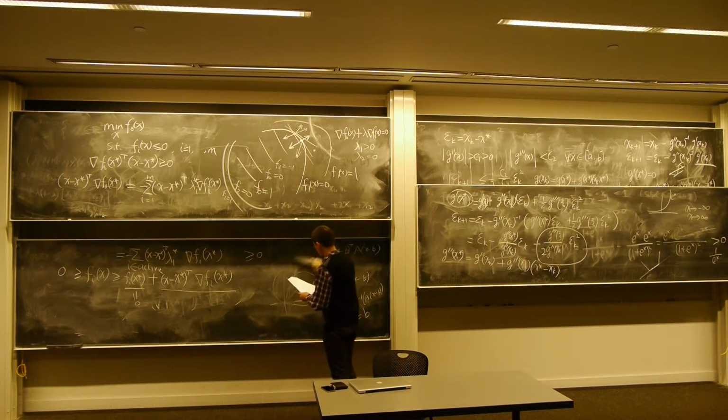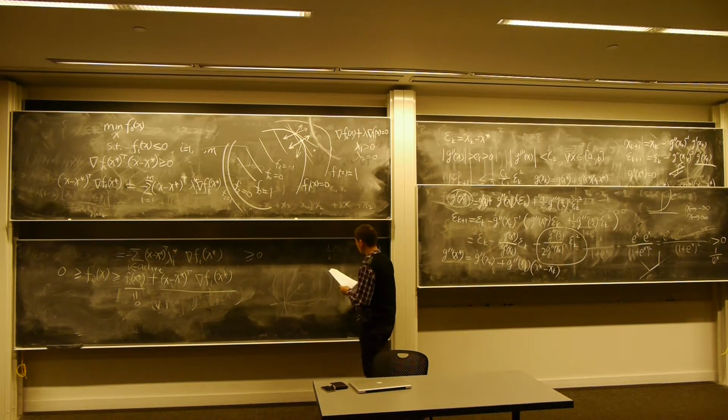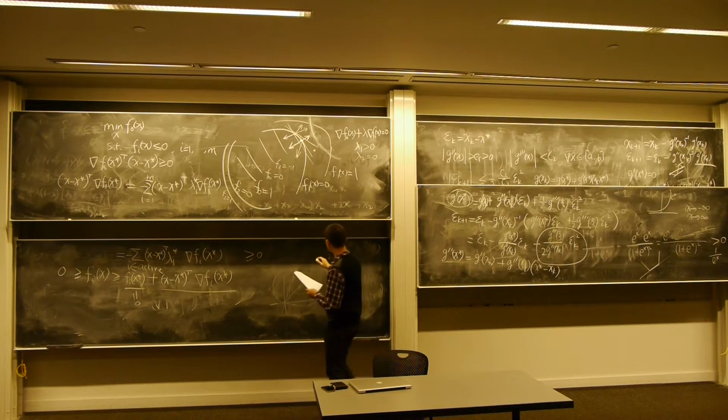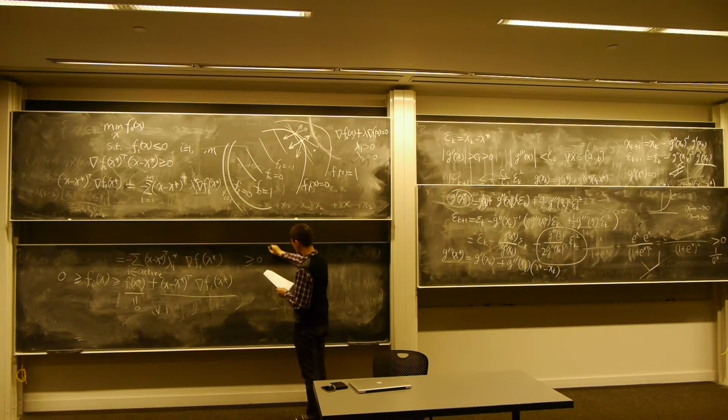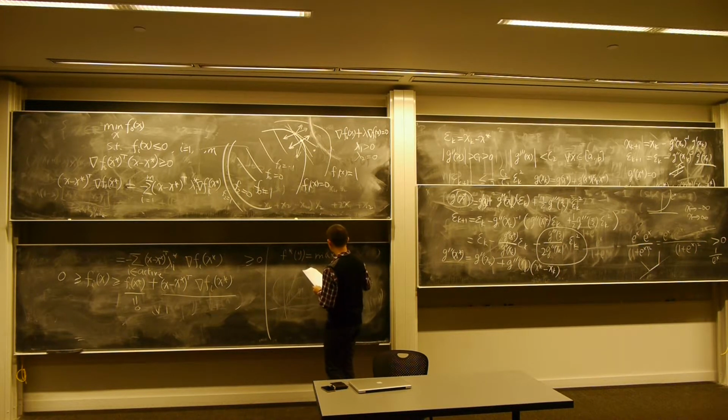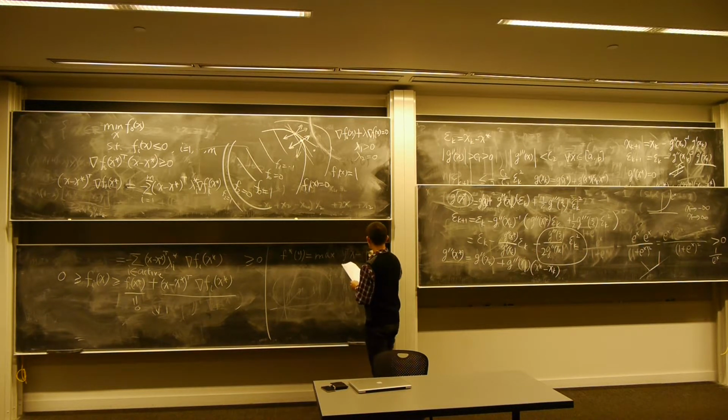So next, question 7 is conjugates and subgradient. This is a nice question, but rather a question testing the concept of subgradient. To remind you, this is the definition of the conjugate function, max over x.